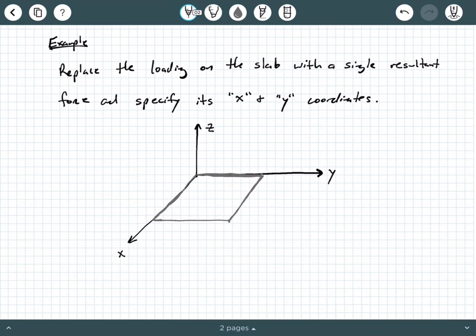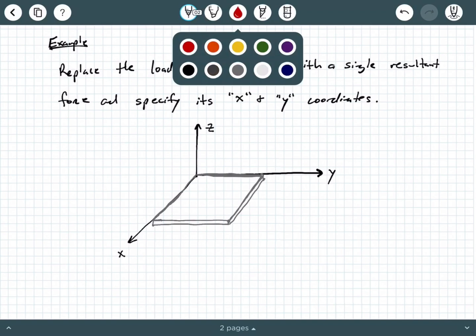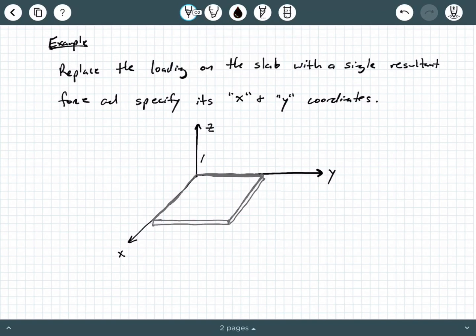There we go. Please forgive my poor artwork. I'm going to show a little thickness there. So this is like a concrete slab. And I'm going to put my dimension lines on it. So this dimension is 20 feet, and this dimension is also 20 feet.